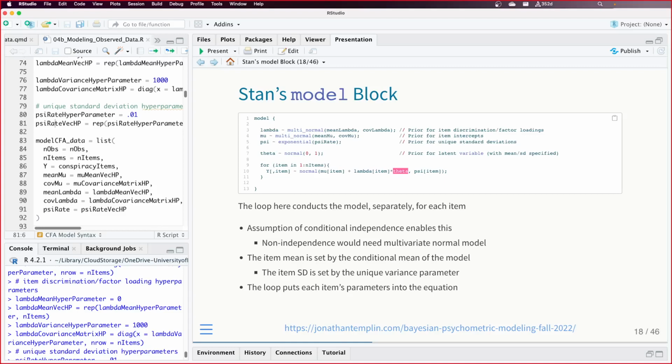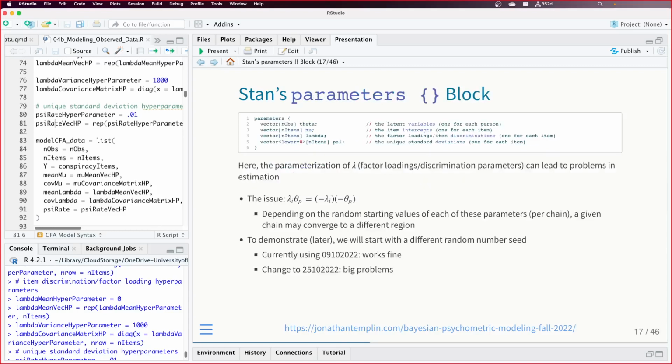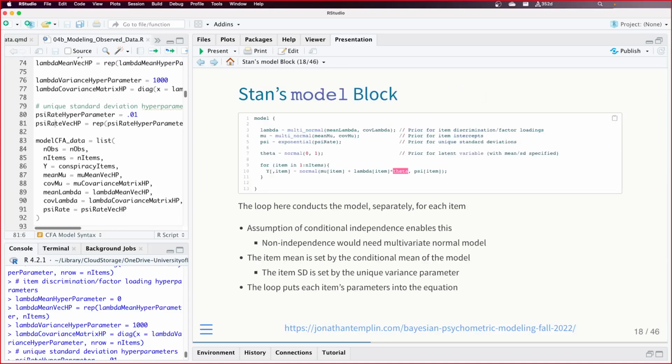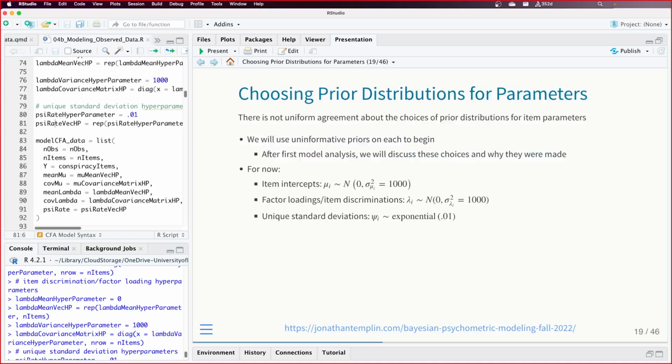Right? So I propose, and I mean this, the opposite. I pick a prior that does the least amount of harm. Right? I say for lambda, the mean should be 0. If you have a 0 for the lambda, that means that item provides no information about theta at all.